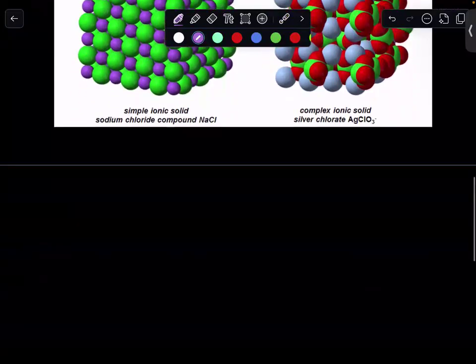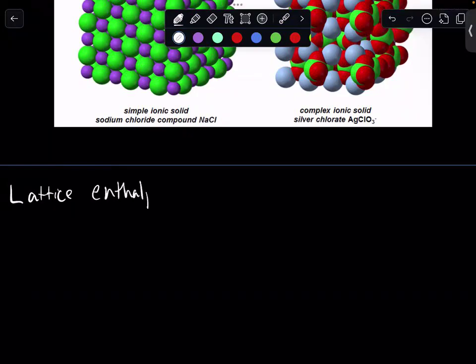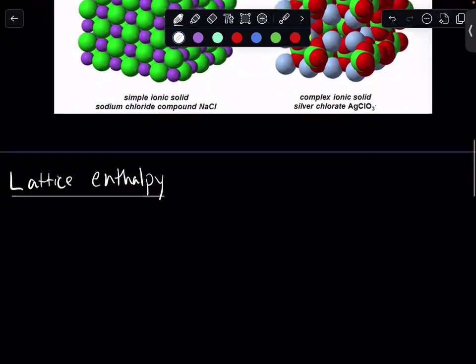So what do we do with this information? Well, the first thing to talk about is this idea called lattice enthalpy. We're going to talk about enthalpy much later in our curriculum, but a way to think about enthalpy is just energy, or often thought of as heat energy, but we can just think of enthalpy as energy for now, and if you just replace that word with energy anytime you think about it, it will serve the same purpose.